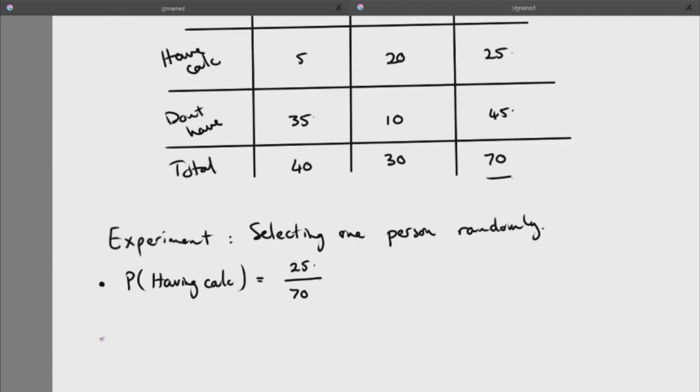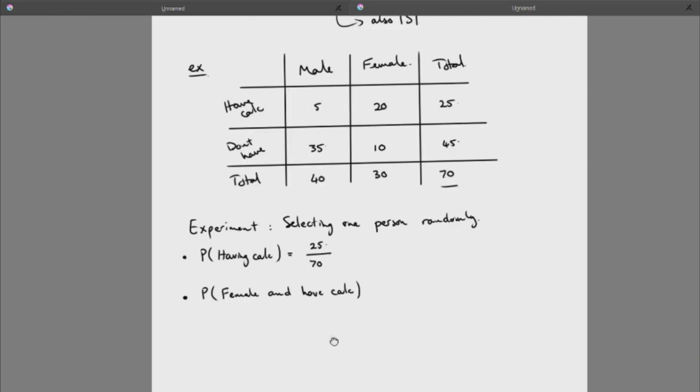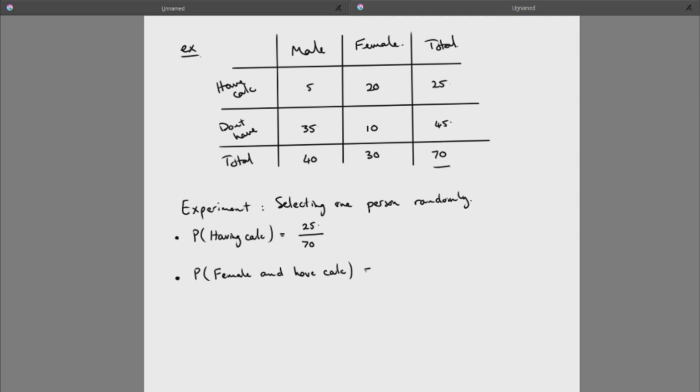Let's have some more here. Let's ask the probability of being female and having a calculator. Zoom out a little bit so I can see the table. That's still a matter of selecting a person out of all possible 70.